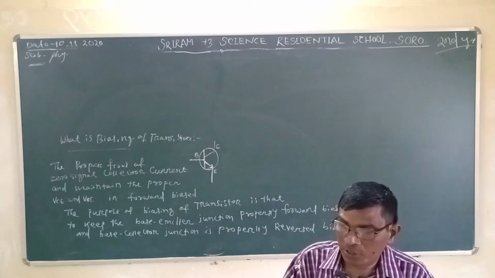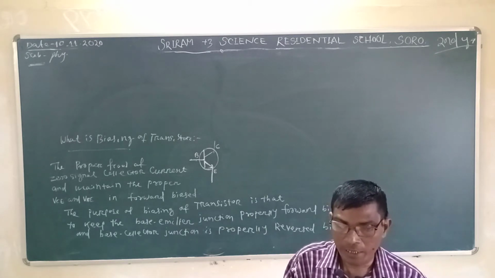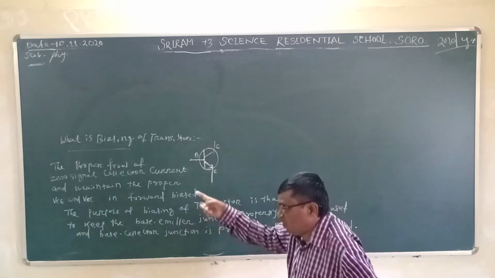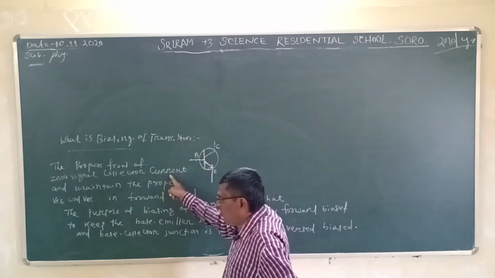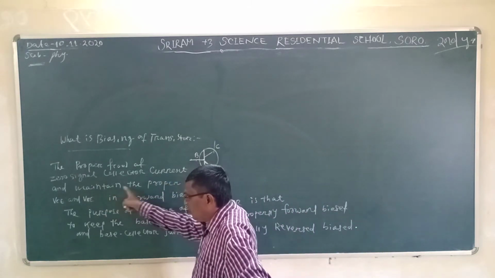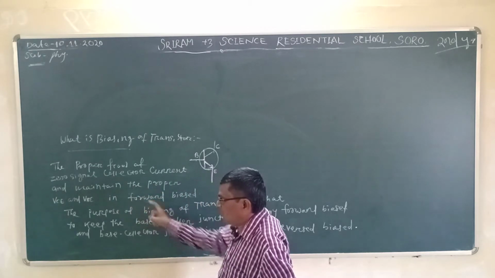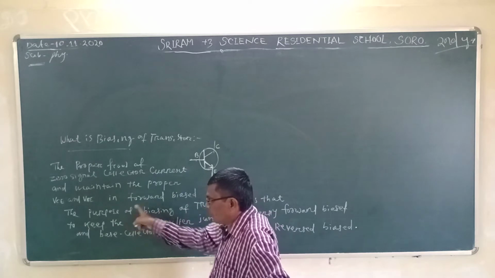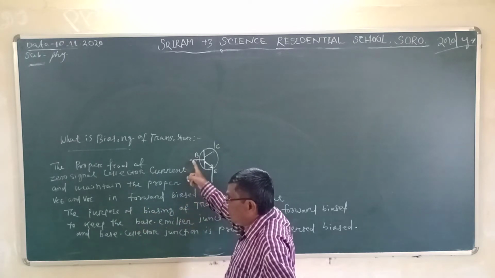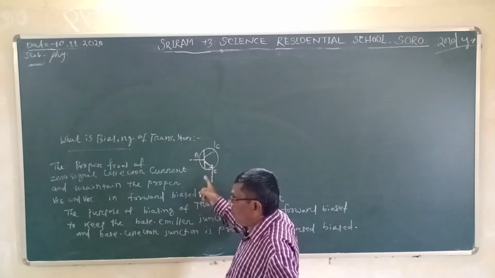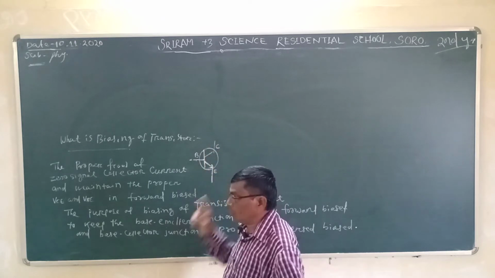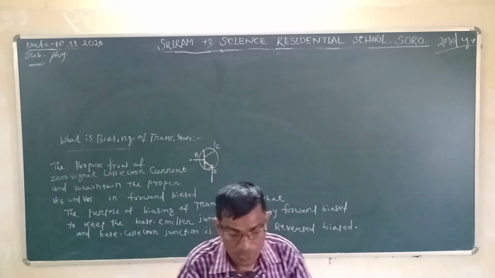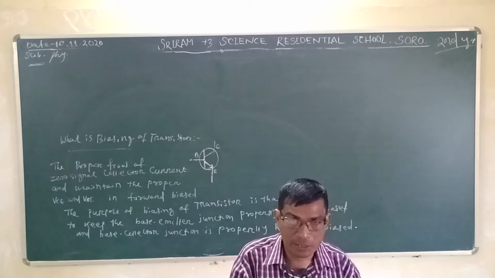So we write down the definition: the proper flow of zero signal collector current, and maintaining proper VC and VB, with the base emitter junction forward biased and the base collector junction reverse biased, without applying any signal.